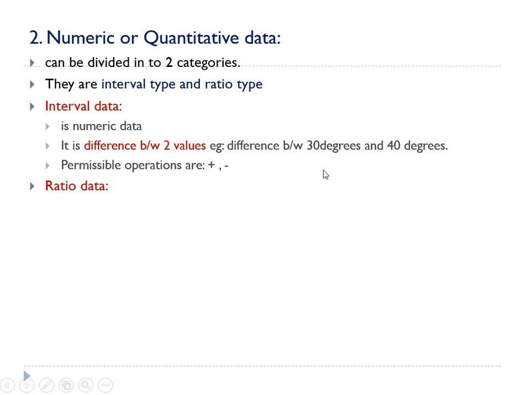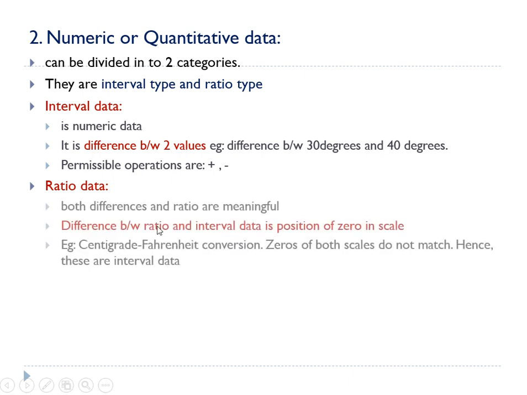I can take differences, do addition and subtraction here. Now with ratio data, you can have differences as well as ratios. Interval data means you find the difference between the values, but with ratio data you can take the ratio and also the difference.